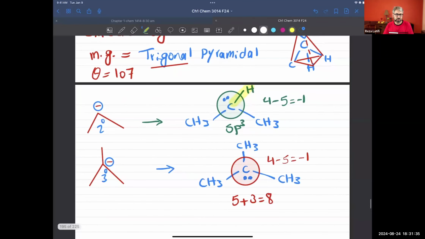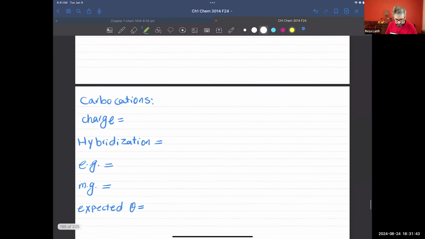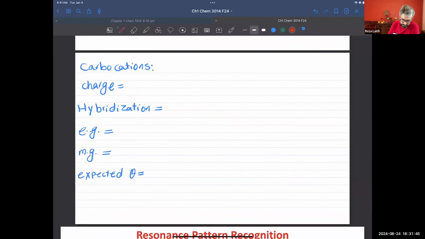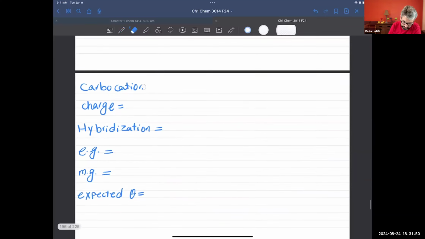For secondary, we added only 1 hydrogen. For tertiary, no need to add hydrogen. Why? Because the 4th group will be a lone pair. So for carbon anions, forgive me, I said carbocations here. I should write carbon anions. Charge will be -1.